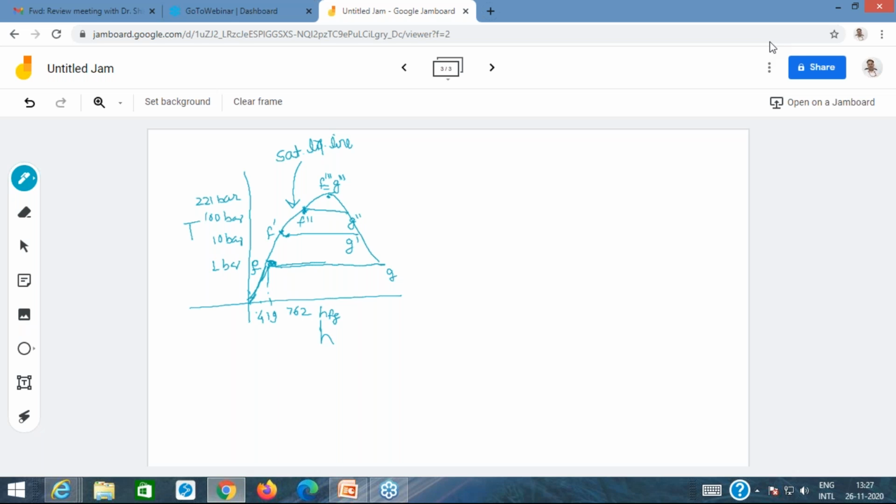The curve I am now drawing, as a locus of the points G, G dash, G double dash, is called the saturated gas line, or you can also call it the dry saturated vapor line, or simply the G line.